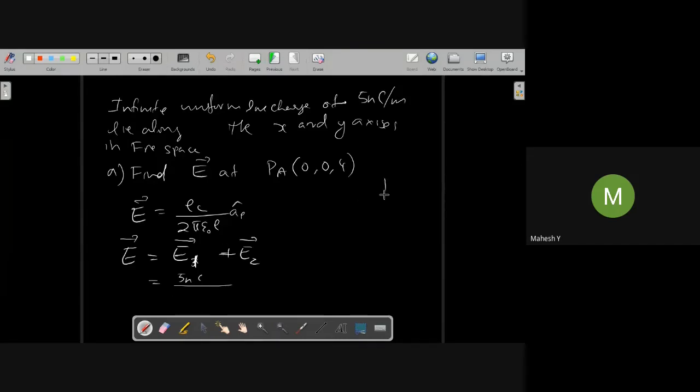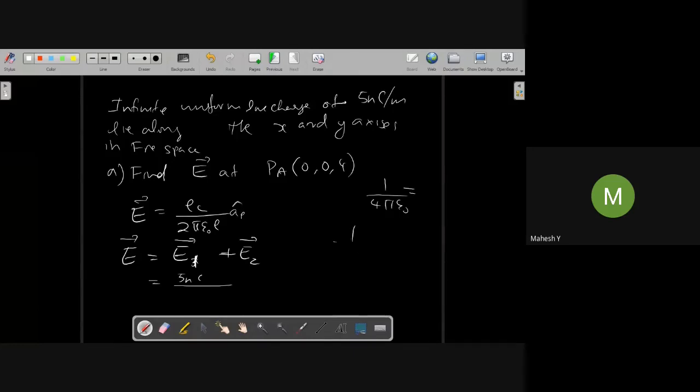So we know that 1 by 4 pi epsilon 0 is how much? 9 into 10 raised to 9.